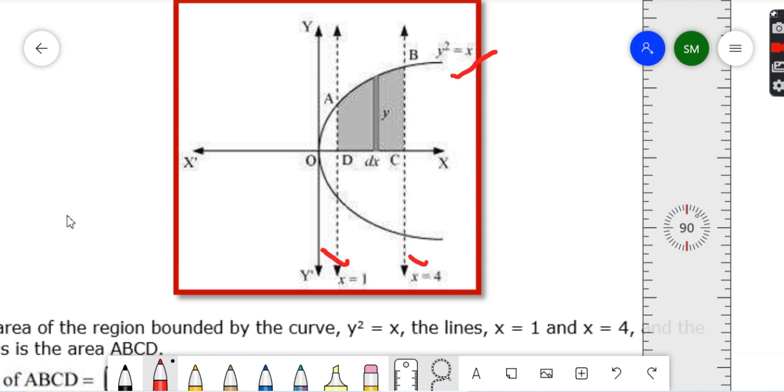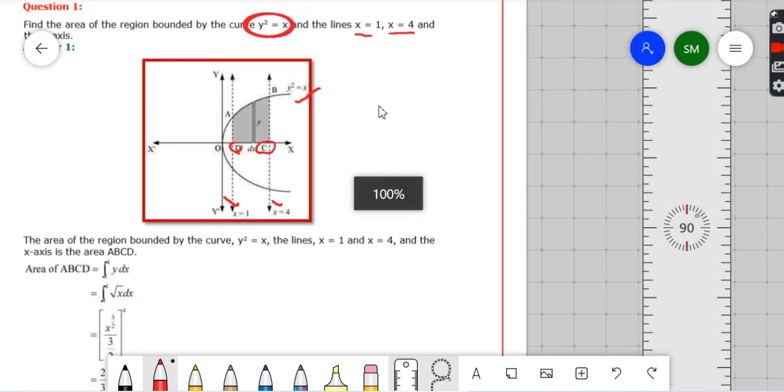When you take a perpendicular on x-axis, then I will consider the limit of x. And from the curve, I will put a value of y. That is y square equal to x, so the value of y will be under root of x.